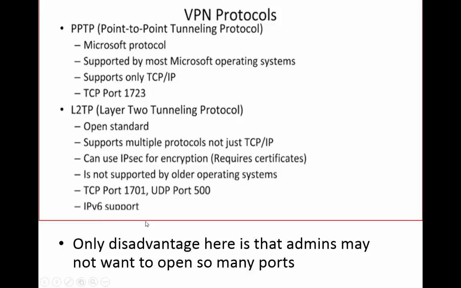Okay, so it's more secure, L2TP, and Cisco came up with that. The only disadvantage here is that admins may not want to open so many ports. The admins responsible for the firewall would fight for every port request when you say, we have VPN connectivity going on here, so can you open this and this port?